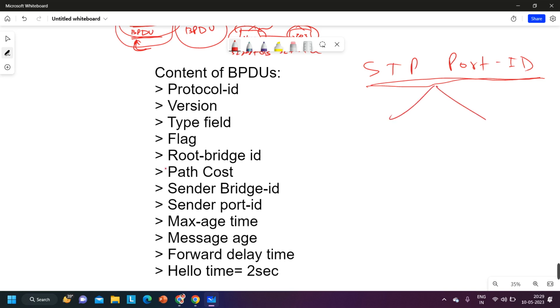First one is again priority, and second one is the interface ID. By default, the priority is 128 for a port. And the interface ID is, as you know, 0/0, 0/1, like this. Done.